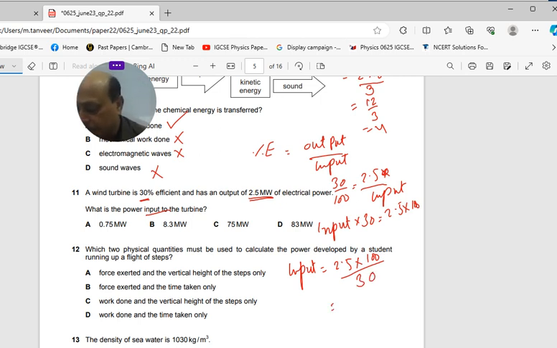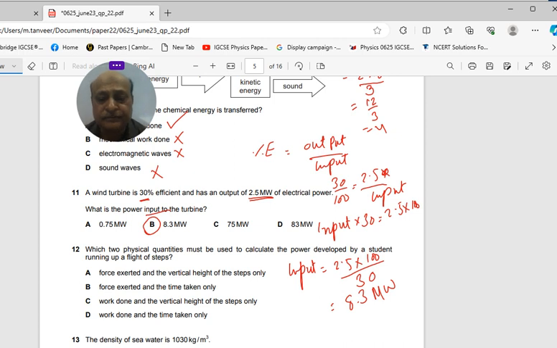When you calculate it, it will become 8.3. That is your input. Since we have not converted megawatt into watt, your answer will be in megawatt. So this is your input.